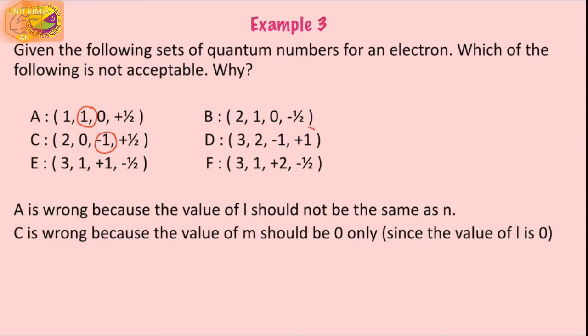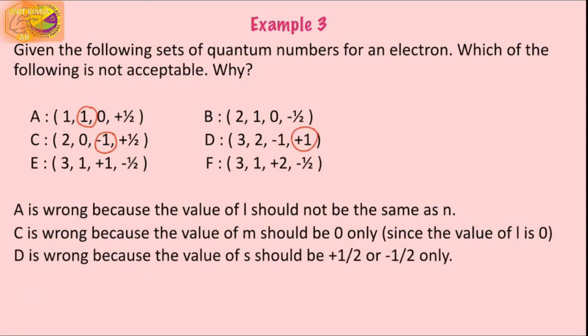D is also unacceptable because, as we can see here, the value of s is +1. So, D is wrong because the value of s should be +half or -half only. E is acceptable.